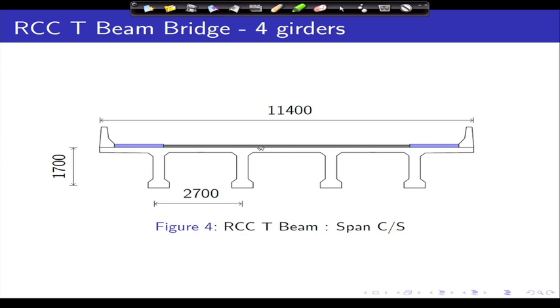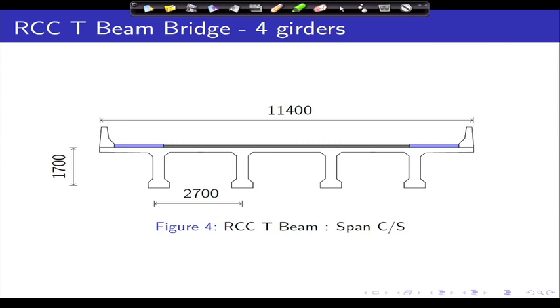But regarding vehicle loading, we shall have a certain problem, because we have to follow the IRC loading. The next question is that I have taken 1700 here. Whether this 1700 is all right or not, that is, whether the overall depth is all right or not, we have to check.